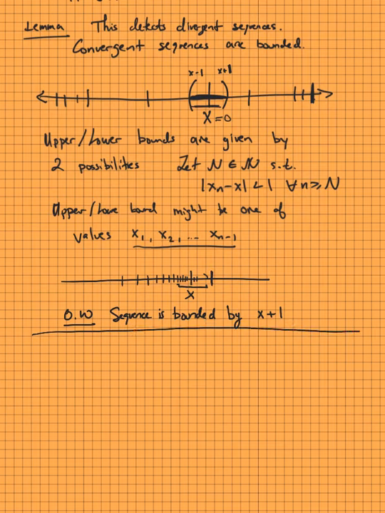So I've already given you one example from the previous lecture problem. If I look at the sequence 1, 2, 3, and so on, this has to be a divergent sequence since it's not bounded. So maybe now, if you've thought about the first lecture problem, come up with a sequence which is bounded but divergent.